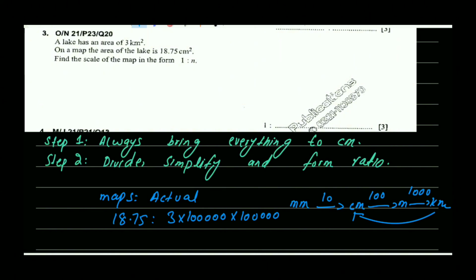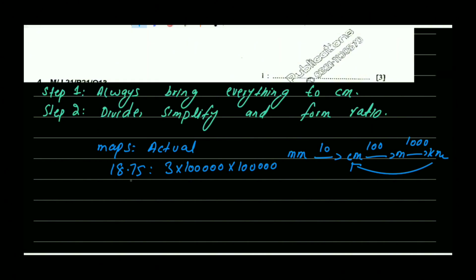It means we will multiply 3 with 100,000 two times. So what will be your answer? 18.75 will be 3 into 10 raised to power 10.